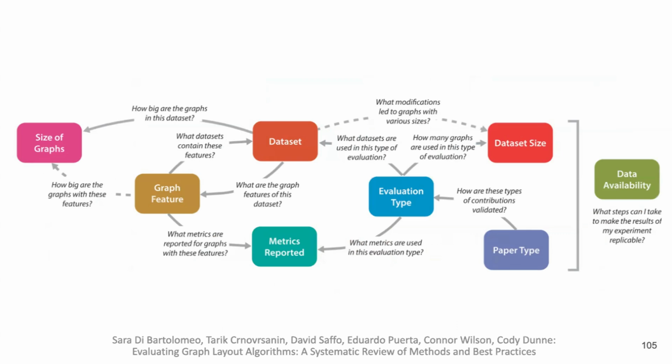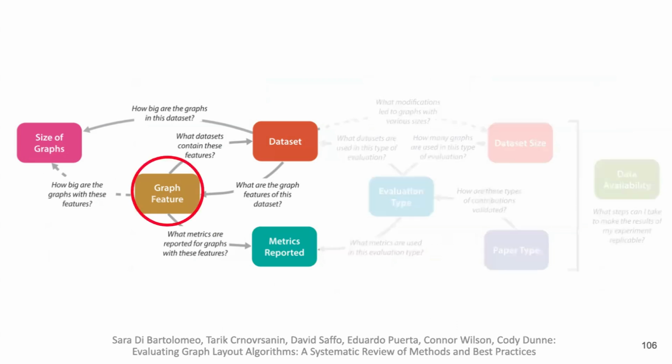So there's these many different choices that you need to make when deciding how to present the results, how to evaluate what a layout algorithm is doing, right? And they're all connected between one and the other. Like, for example, if I have as a graph feature that I'm addressing with my layout algorithm, clusters, I have clusters handled by my layout algorithm.